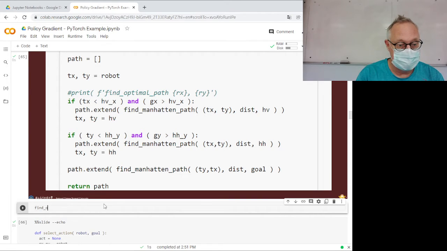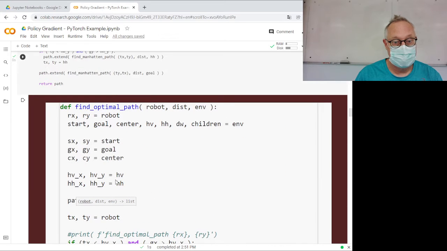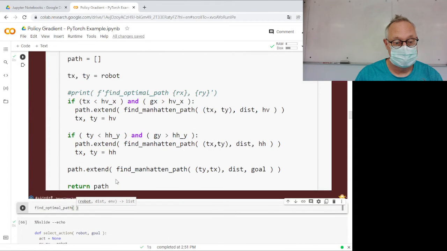So find the optimal path and current location 0, 0, distance 0.